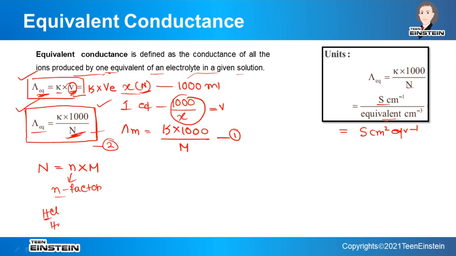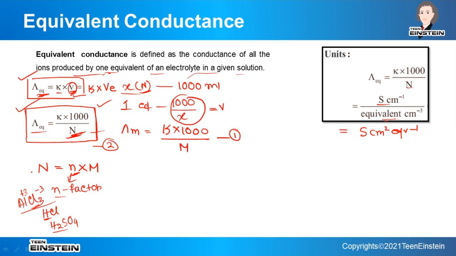But if it is H2SO4, its basicity will be 2 because there are 2 replaceable hydrogens, so the n factor will be 2. And if it is a molecule like AlCl3, here the total positive charge is plus 3 and the total negative charge is also minus 3, because for each chloride it is minus 1, so 3 into minus 1 is minus 3. So for AlCl3, this type of salt, the n value will be 3.